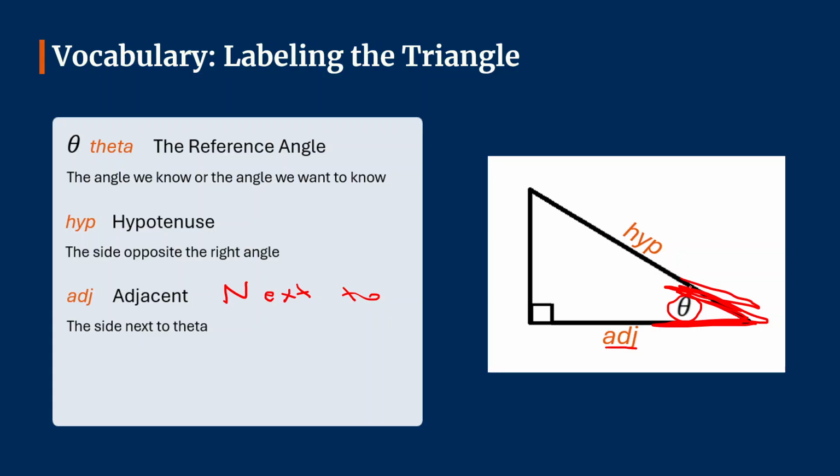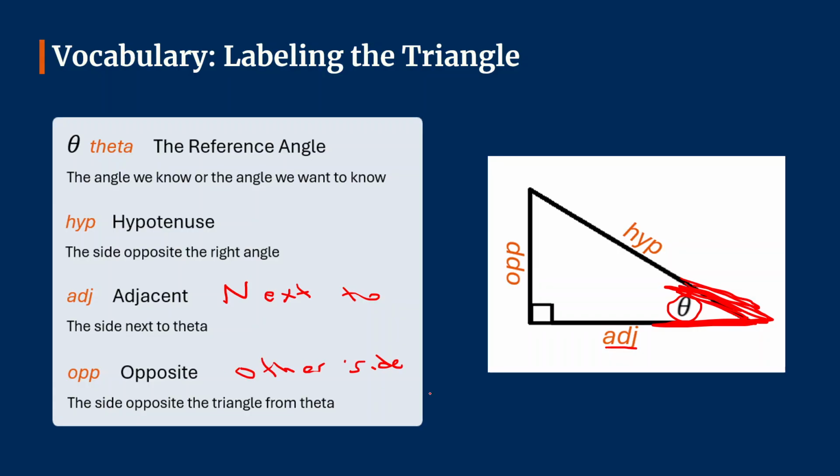So the hypotenuse will always trace this little corner path to find the adjacent. So adjacent means next to theta. And of course, the hypotenuse is next to theta, but it's already got a name. So it's the other one that's next to theta. That's the adjacent.